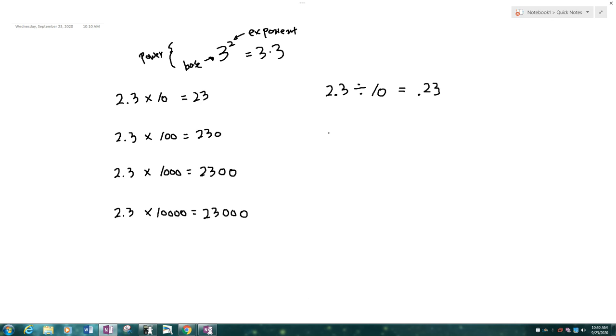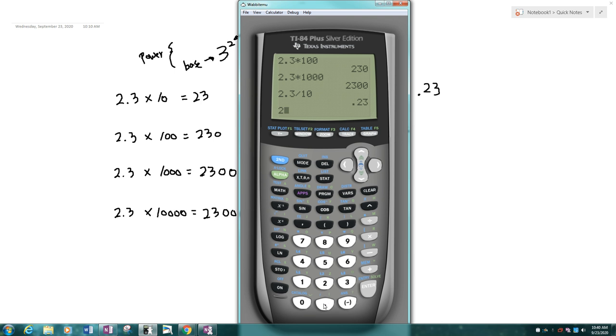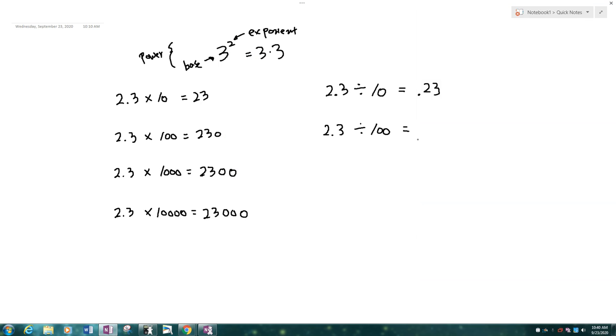If I have 2.3 divided by 100, I know it's going to be 0.023, but let's confirm. 2.3 divided by 100 is 0.023. So I'm going to write 0.023.